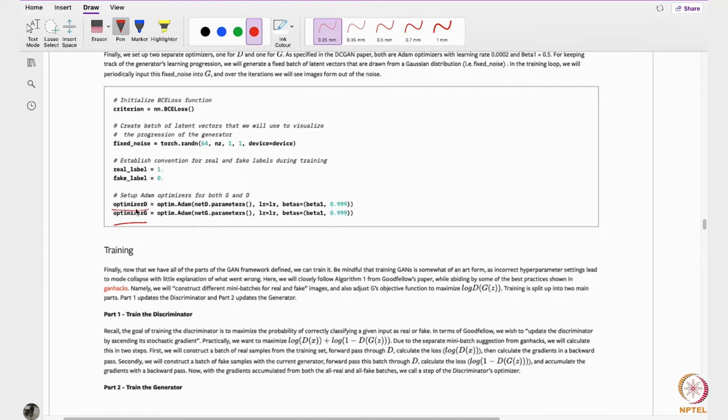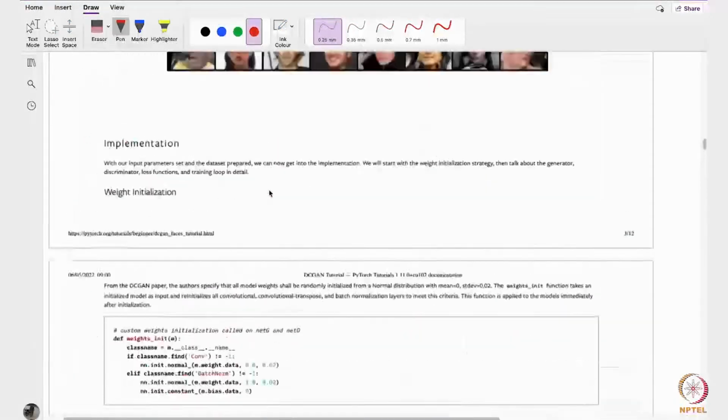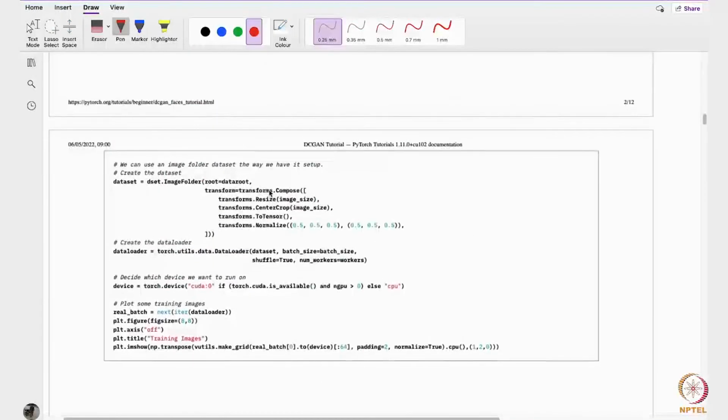For both the generator optimizer and discriminator optimizer, they have used the same learning rate here. Beta 1 value is 0.5 and beta 2 is 0.999. These values are fixed. You can change the LR value here, or later when you play around with the hyperparameters, you can bring a lot of changes here. These are the discussion of hyperparameters.